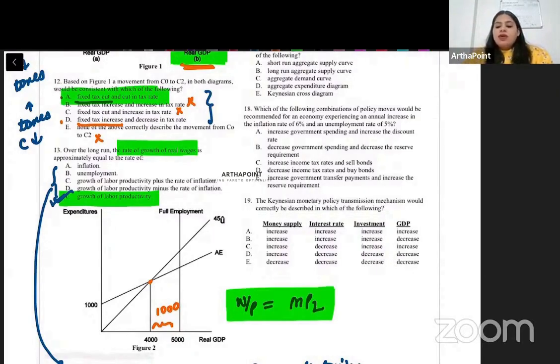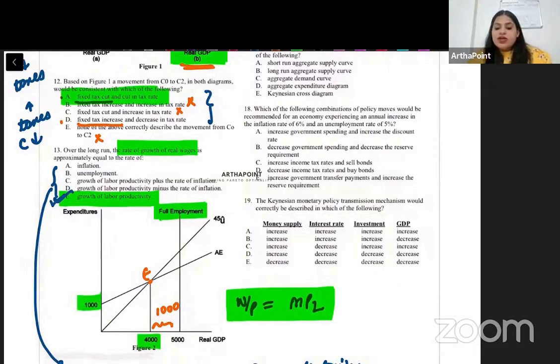But what we can do in such cases, just giving you an example, if something like this is not given and we want to find out what the multiplier is, one thing that you can do is divide initial GDP, this is equilibrium, by initial expenditure.